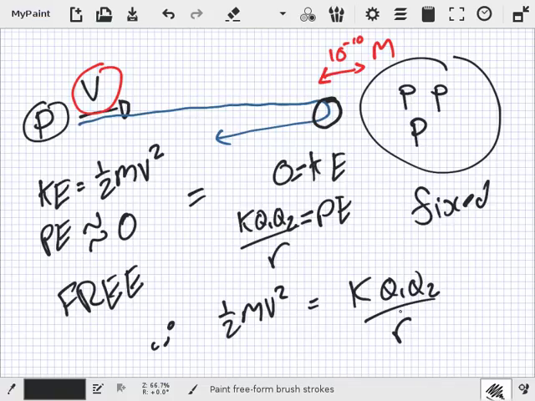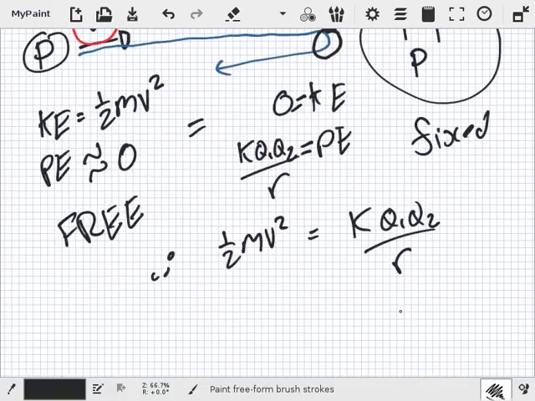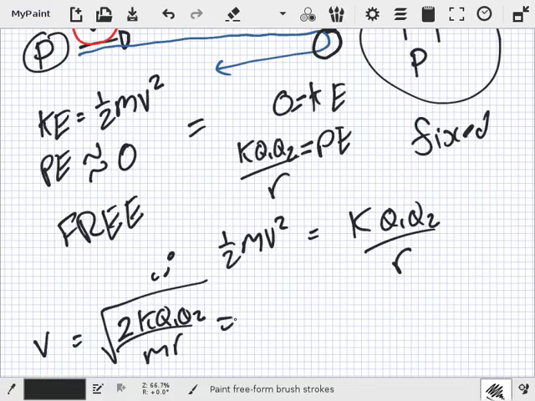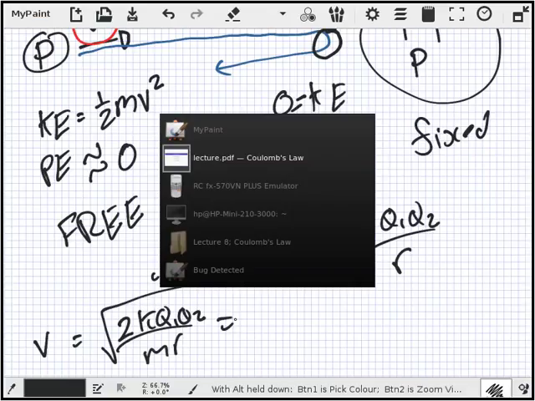And I'm looking for the v. So we can finish up by saying v is the square root of 2k q1 q2 over m r. And that will give us the v. So let's see what we get here.